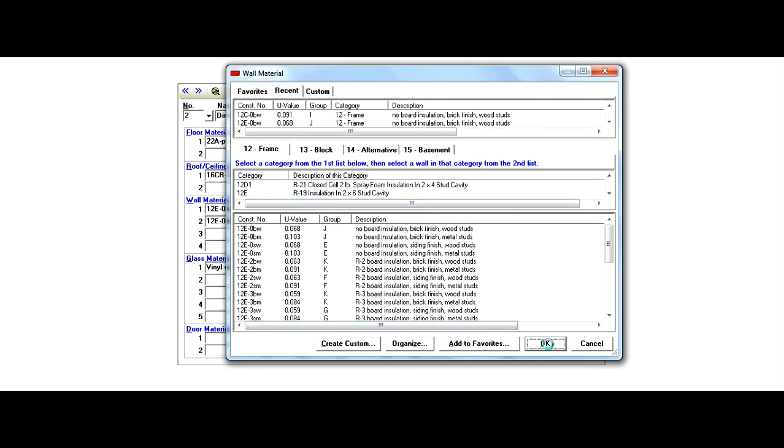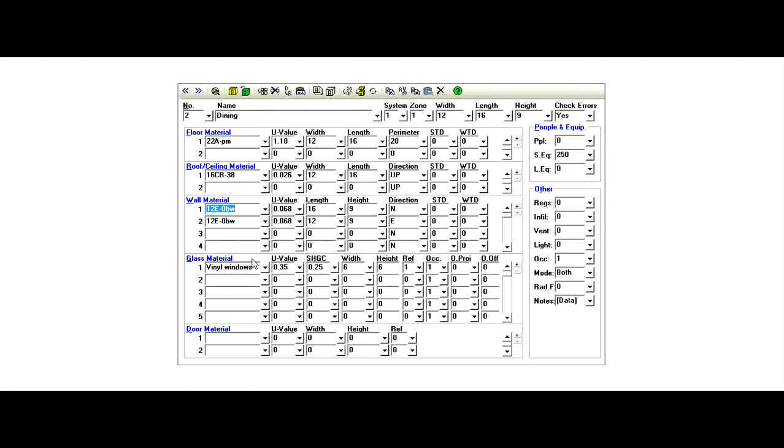But I'm going to use the 2x6 just to keep it simple. And then the window, now this is the new requirement value for the window. You're not going to find aluminum windows with this value, so we have to use vinyl windows. It could be fiberglass, wood windows, or vinyl, but you're not going to find aluminum windows with this value.